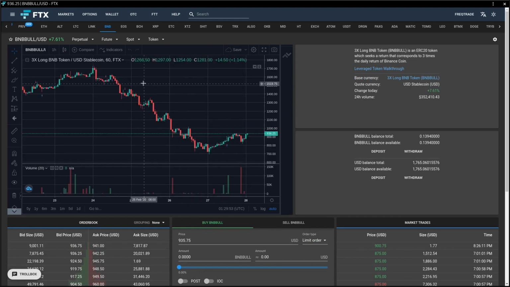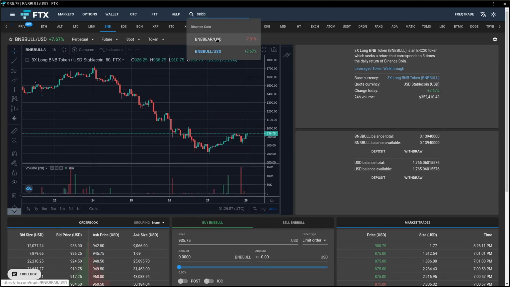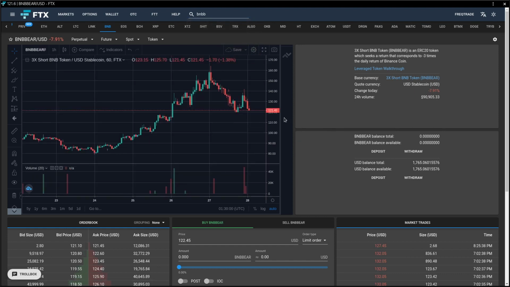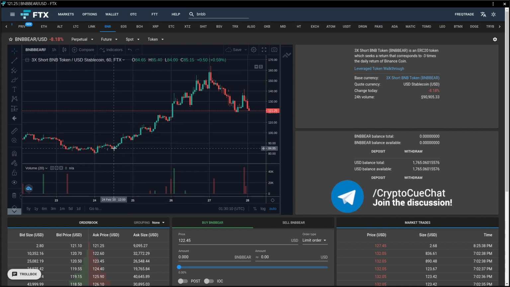Let's say on BNB bear, right? BNB bear will be minus 3 times the volatility of BNB. So when BNB goes down, this thing goes up, right? So it's like a pseudo short. It's like a fake short, and you're managing it the same way as a spot token, right?